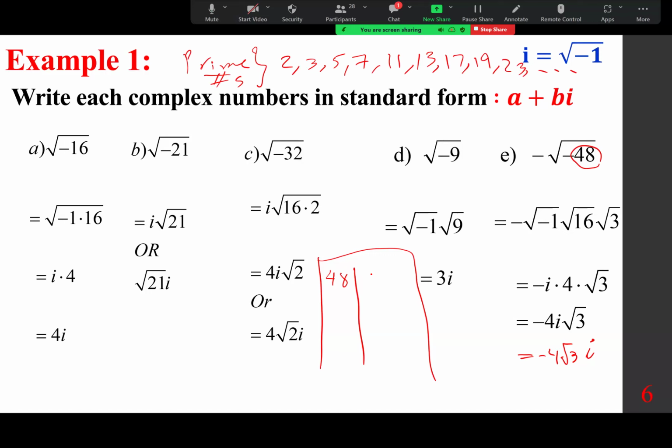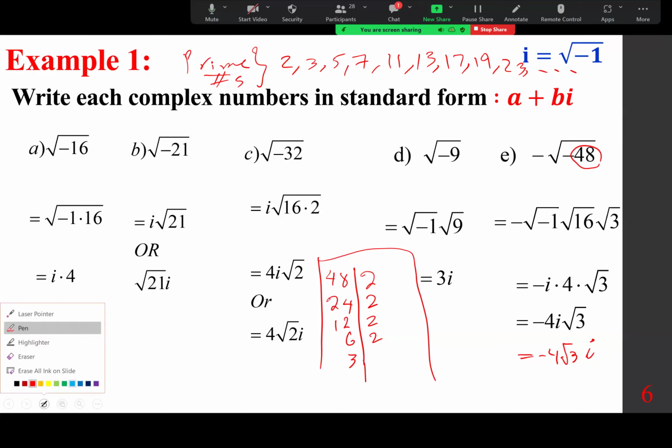So the first one is 2, and it's divisible by it. 24 is 2. 12 divided by 2. 6 divided by 2. 3, you can't divide by 2 anymore. Now you divide by 3, you hit 1, and you're done.